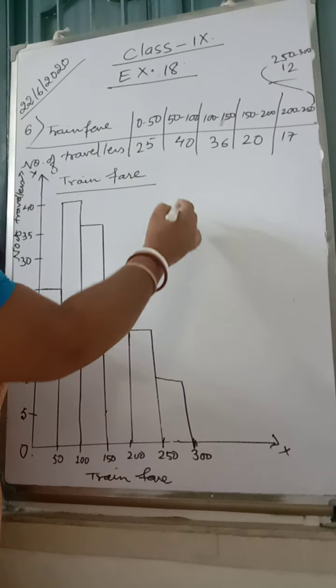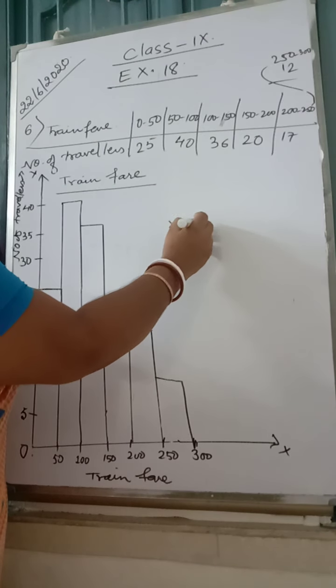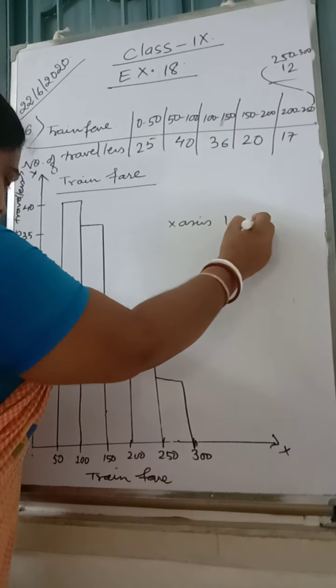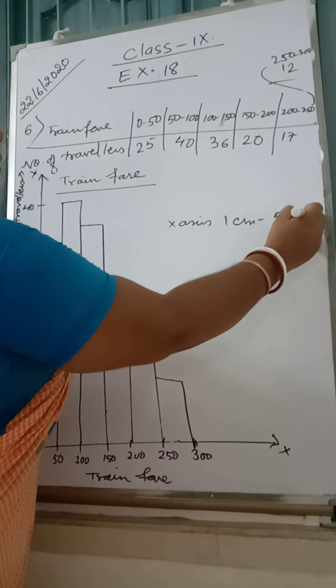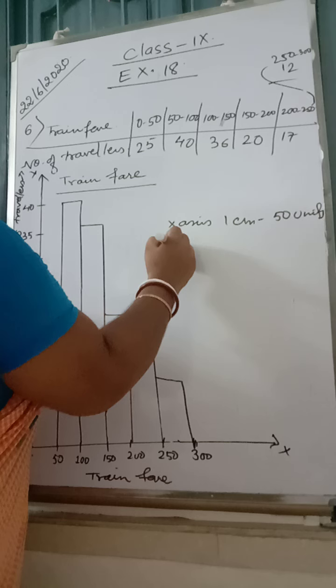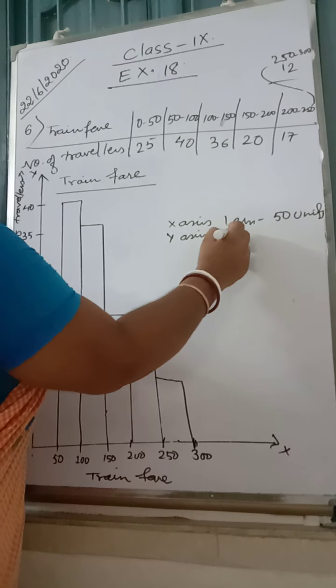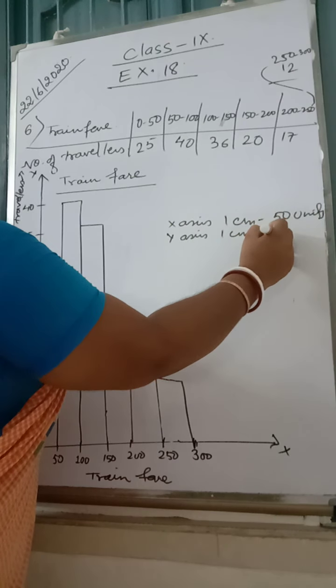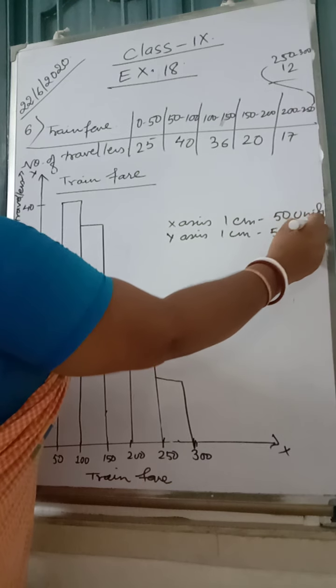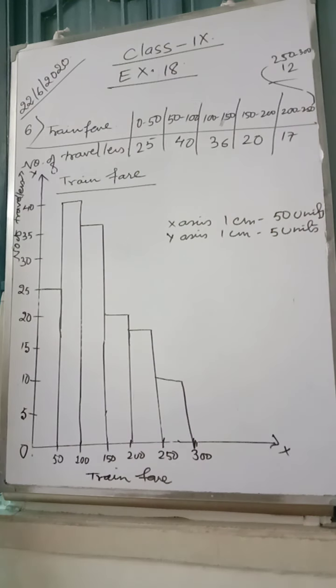Then x-axis 1 centimeter represents 50 units, y-axis 1 centimeter represents 5 units. This is called a histogram. In this way we draw histograms.